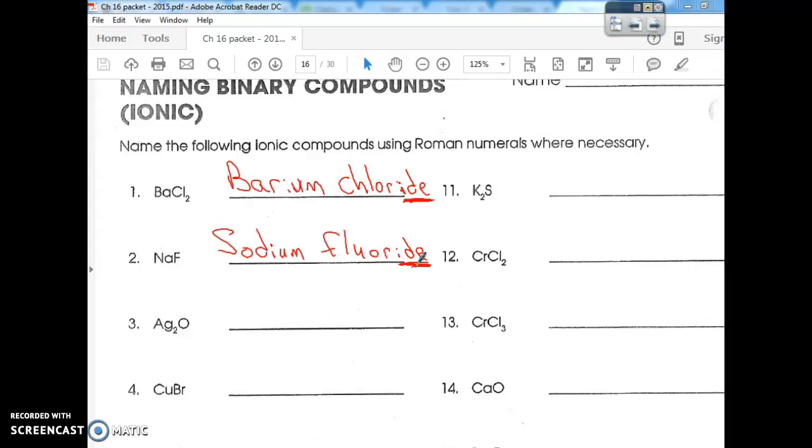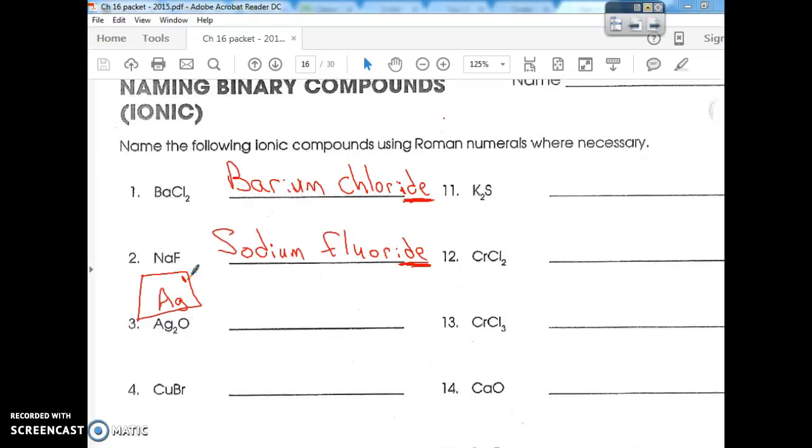For number 3, you have Ag2O. Find Ag on the periodic table. It is silver. Make sure you look at that. Atomic number 47. You see in the upper right hand corner how it has that number 1. So what it says on your periodic table, you have Ag and you have that 1 in the upper right hand corner.